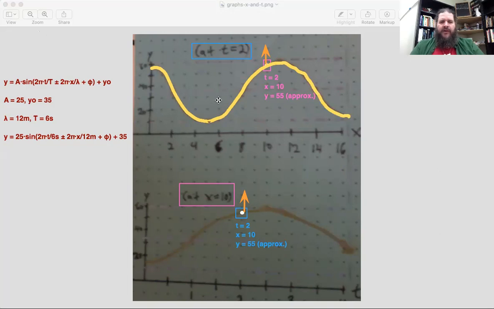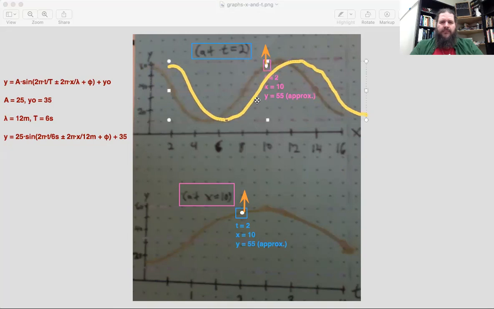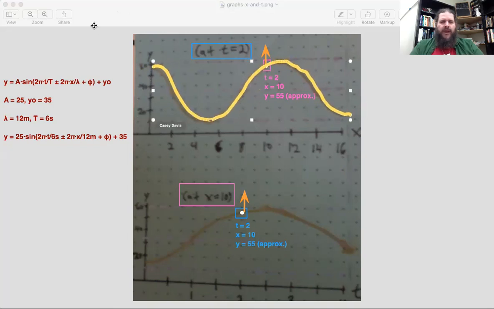And we have the options of moving this graph to the left or to the right. And we want to make absolutely sure that this data point is on its way up. Which direction of moving the graph would allow this data point to move up?